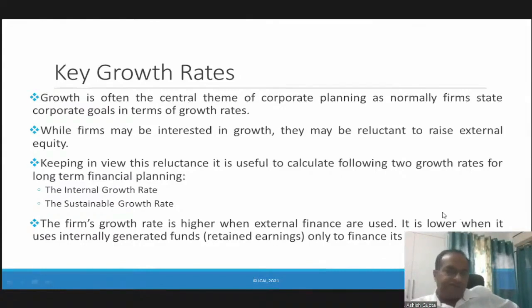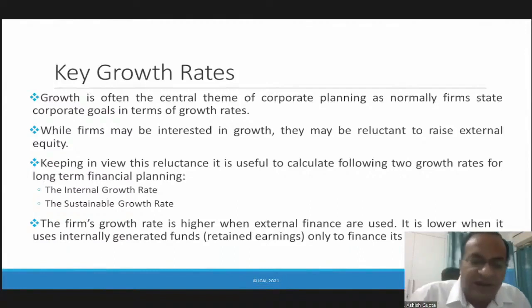Because it is not always easy for a company to raise equity again and again. Normally they issue bonds, because bonds can be issued very quickly. But issuing equity is a very daunting task because a lot of formalities are involved, and of course there is a dilution of control for the existing shareholders, who may not be ready for the issue of new equity.